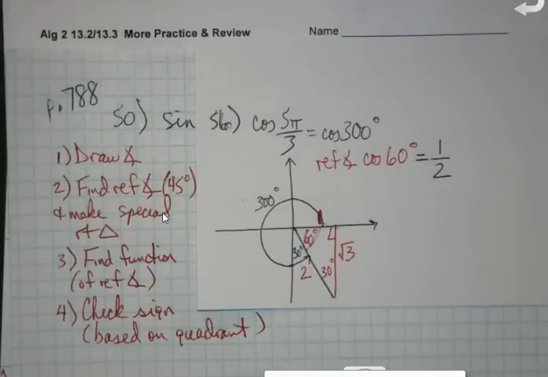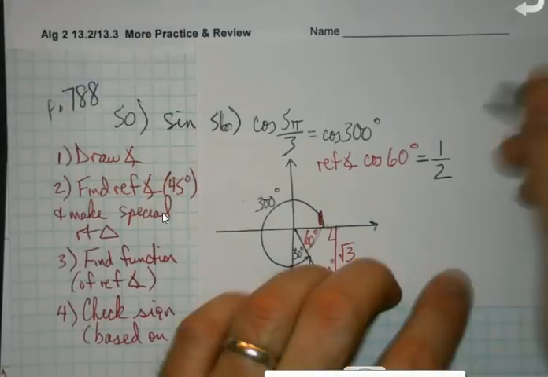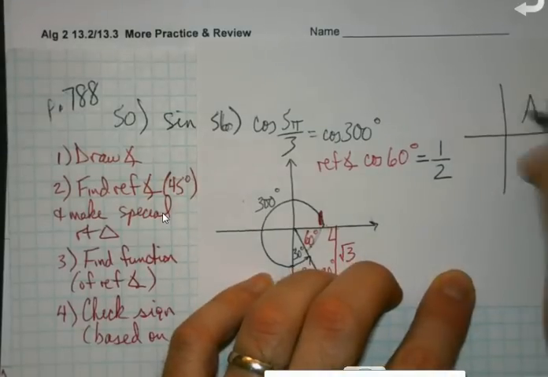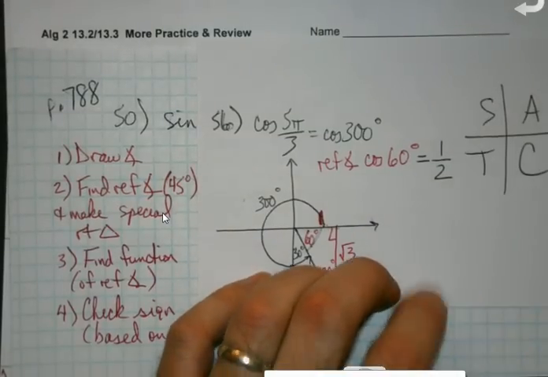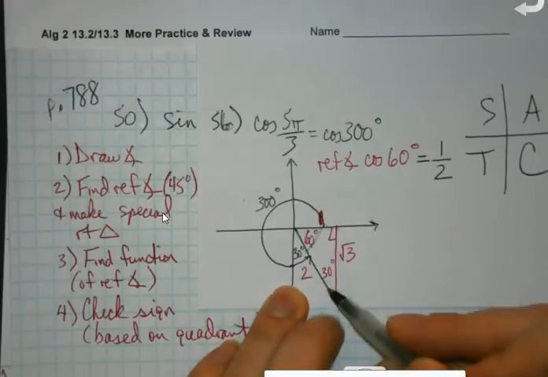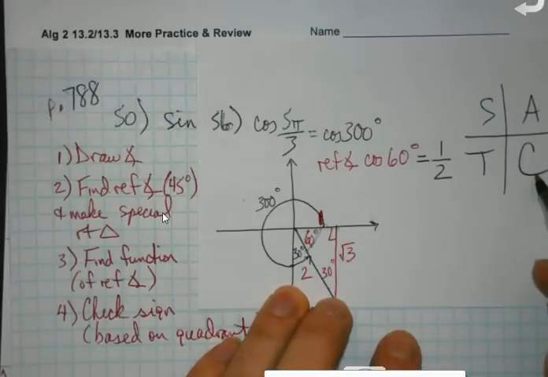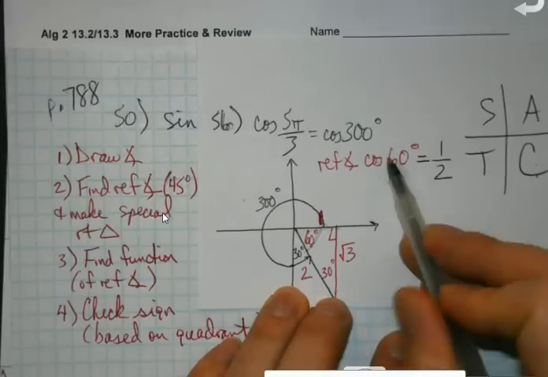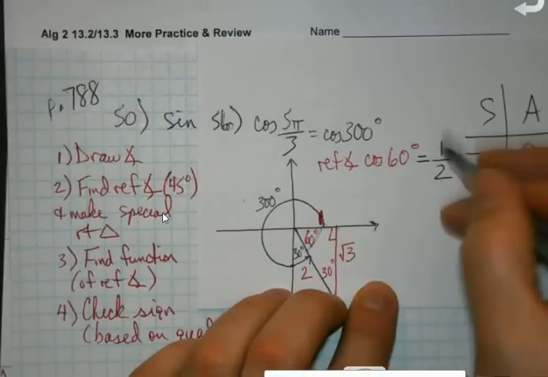And then to decide if it's going to be positive or negative, I refer myself back to this. And since my triangle's in the fourth quadrant, cosine is positive. So I've got the right answer.